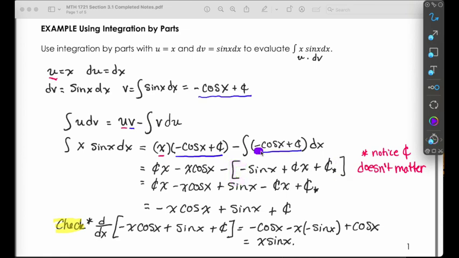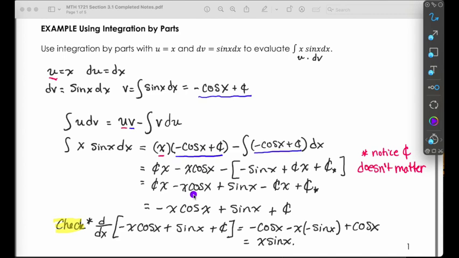For the minus cosine x, when I integrate that, I'm going to get minus sine x. When I integrate this c for my constant, I get my constant times x. And then I have another plus c that I'm integrating with this integral. So I labeled that as c star, so that way you can tell the difference between the two c's.